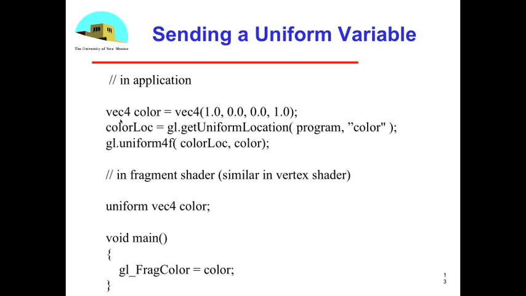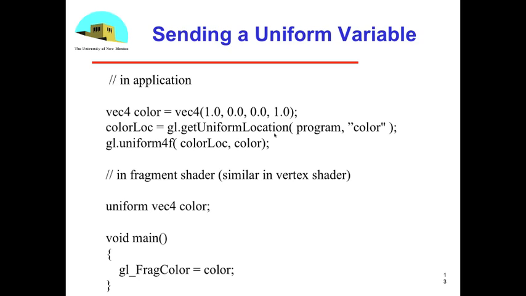So I define a color in my application, vec4 color: red fully on, no green, no blue, and it's opaque. And now I have a variable inside of the vertex shader called color. What I'll probably do there is output that color to the fragment shader each time. But in the vertex shader, it's called color.